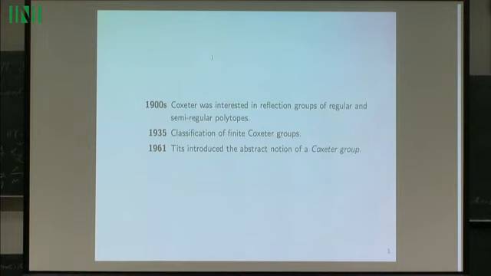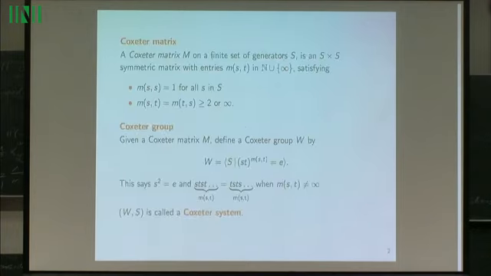He noticed that many of these groups have a similar presentation. So in 1935, he classified the finite groups that have this sort of presentation. And this notion was generalized to include infinite groups by Tits in 1961, and this is the definition that I will give. So to define a Coxeter group, first of all, you define a Coxeter matrix.